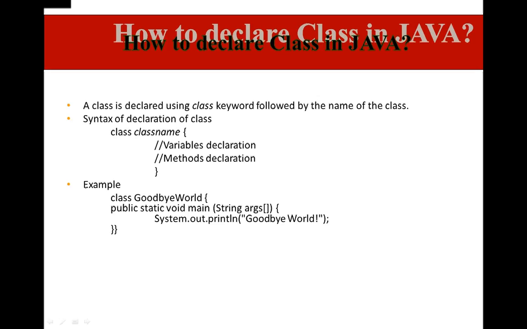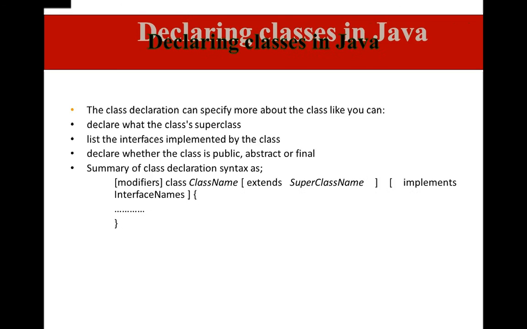In fact, this class can have more information, like you can use something called modifiers. This is the actual syntax. Here we have modifier. Modifiers tell where I can access this class, and extends tells who is the parent of this particular class, what is the base class for this class, and implements defines what are all the interfaces this class is going to implement.